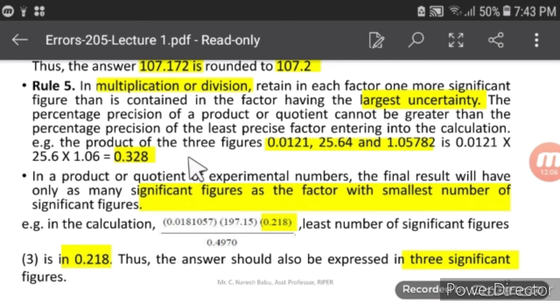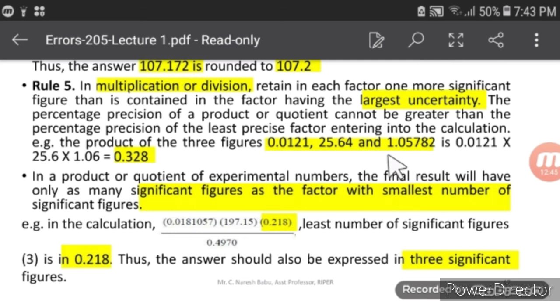For multiplication, if you multiply quantities like 0.0121, 25.64, 1.05782, then the answer should contain significant digits equal to those of the given quantity having the largest uncertainty.